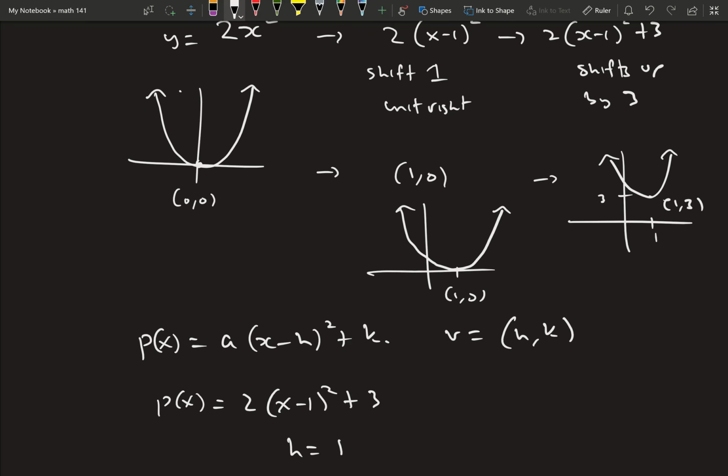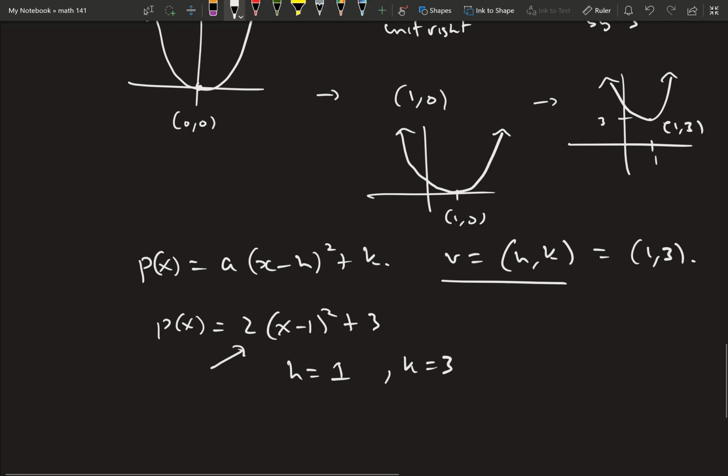So h was positive 1, k was 3, and that's exactly the vertex. And once you have a vertex, all you need to know is whether this number 2 is a positive 2 or a negative 2. Note that a is positive, which means we have a parabola opening upward.